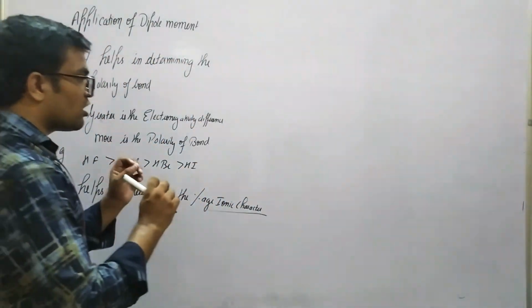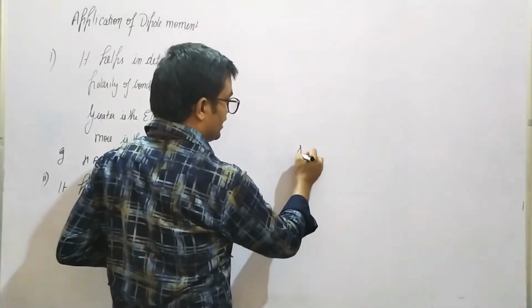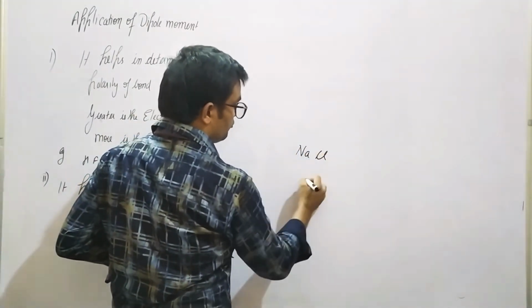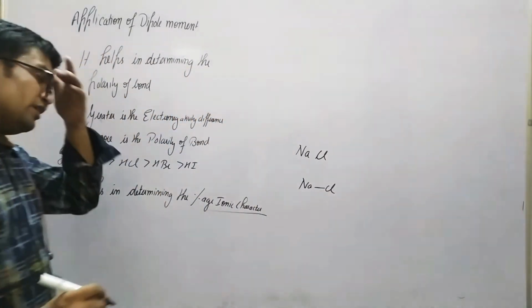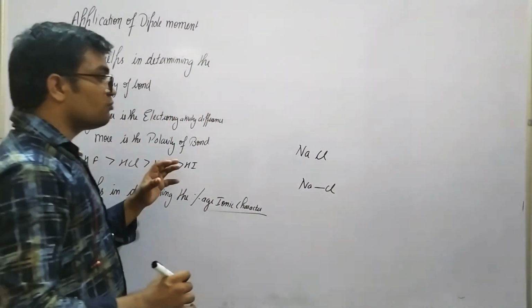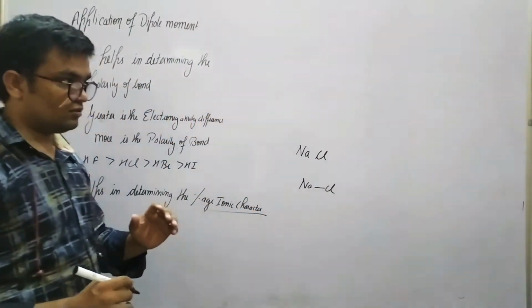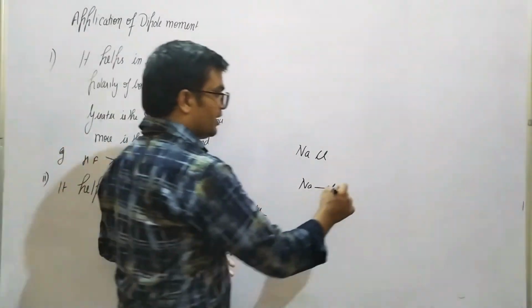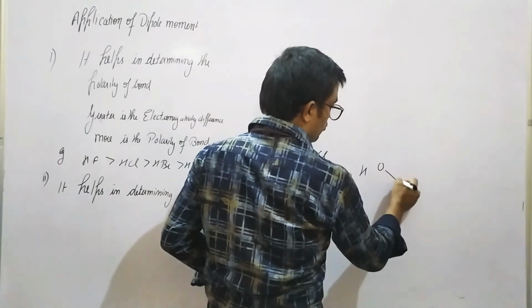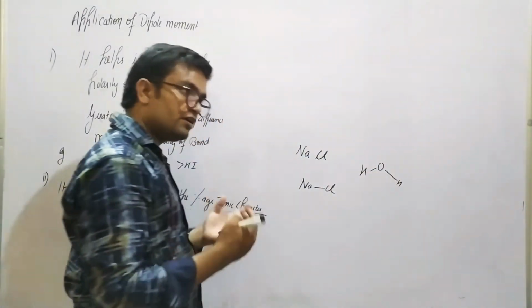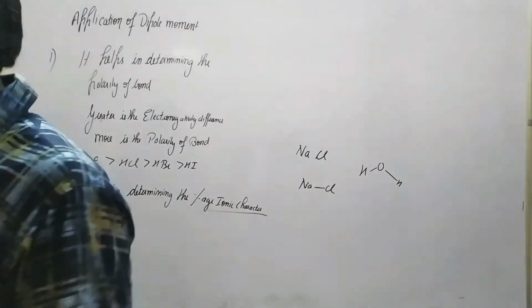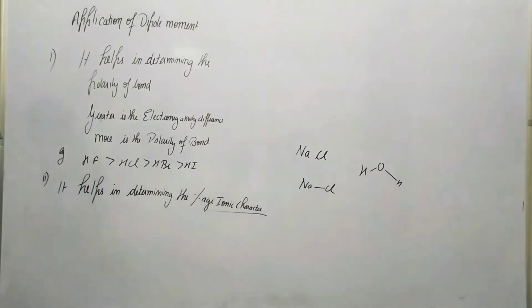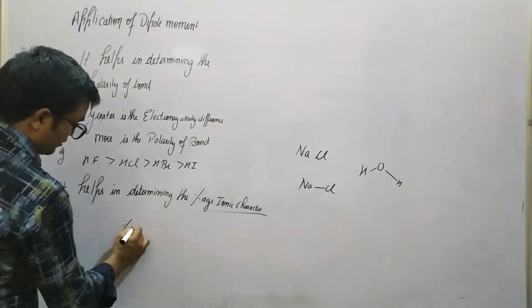There is always some covalent character. For example, if we say Na and Cl have a covalent bond, it is not possible. It is somewhat more ionic than covalent. But if we say H2O, it is more covalent than ionic. And there is always some ionic character in a molecule. Hence, how will we find the percentage ionic character?